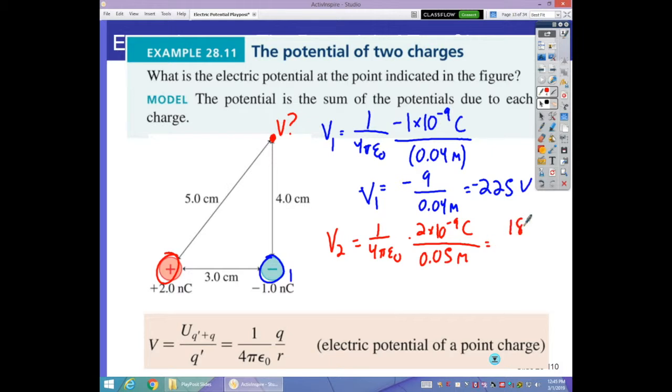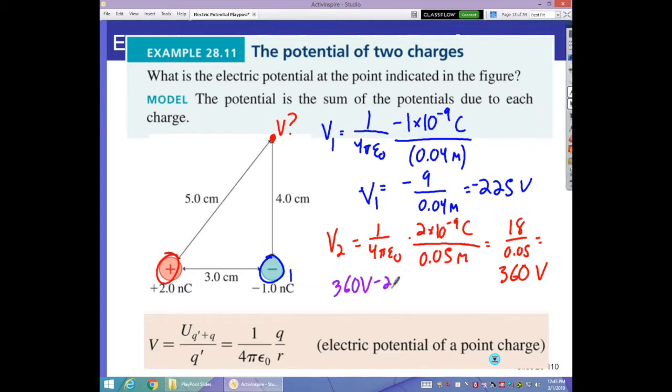So I get 18 over 0.05, which is 360 volts. So my total is, of course, 360 minus 225, which equals 135 volts.